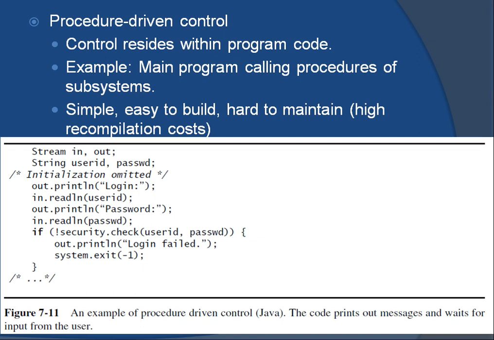Here you have a main program which calls some other program inside it for executing certain code. It is simple and easy to build, but hard to maintain as it requires high recompilation cost. Now here is an example code for Java procedure driven control.